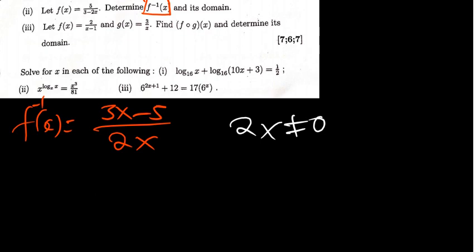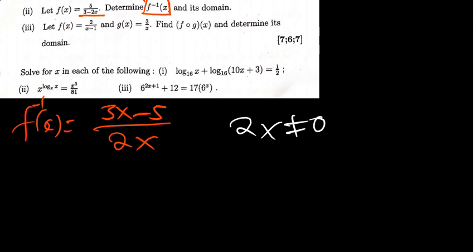We're not supposed to find the domain for this one, but first determine the inverse, and then find the domain of the inverse. Does that make sense?